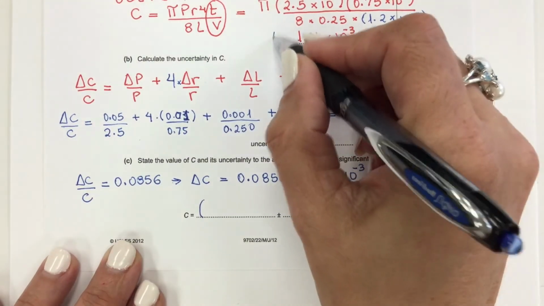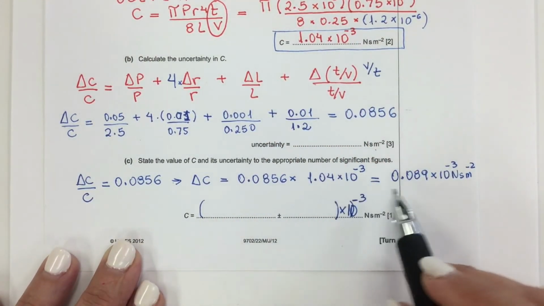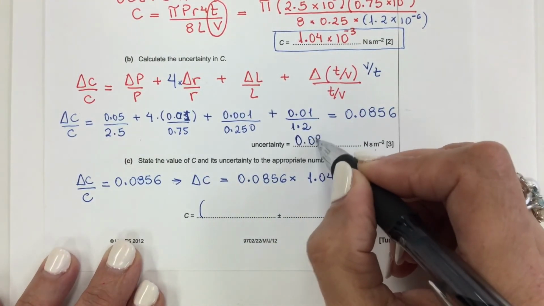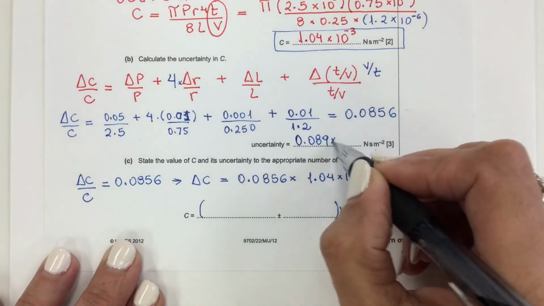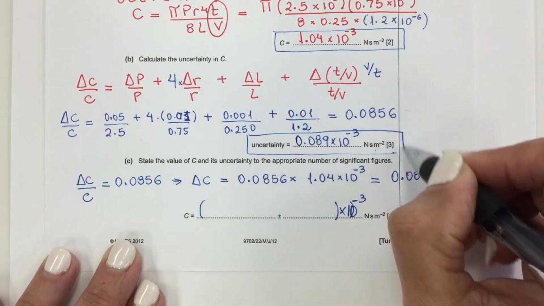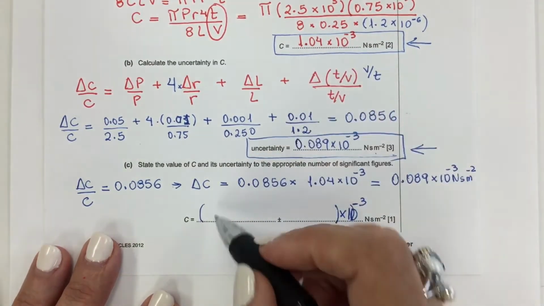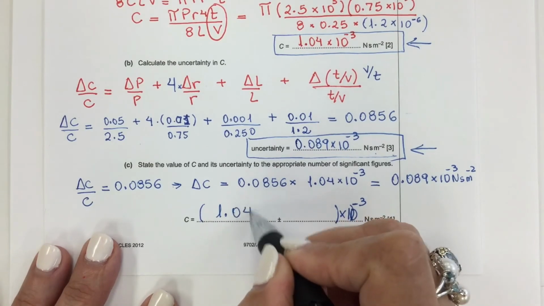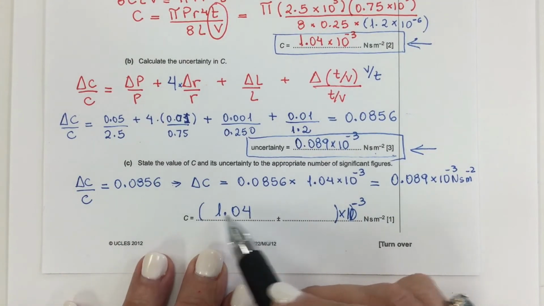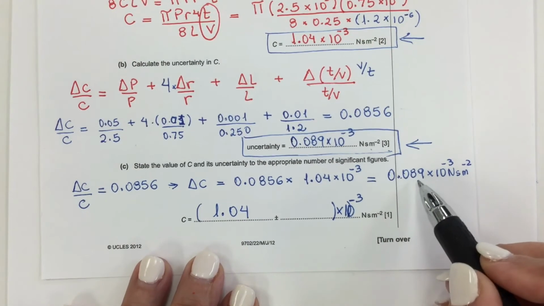So my focus now is this value, and actually I should write here 0.089 times 10 to the minus 3. Now I'm going to present this: it is 1.04, and I have 3 significant figures here, so I should have 3 significant figures here as well.